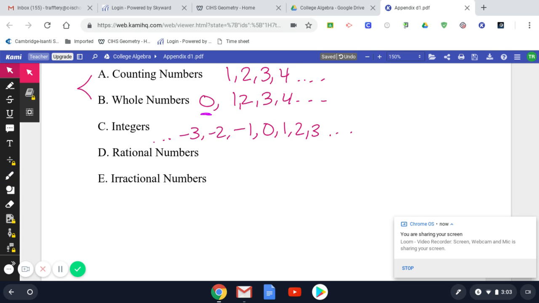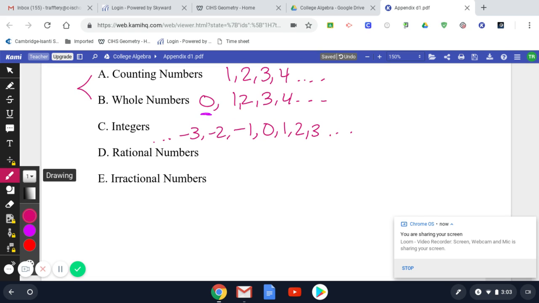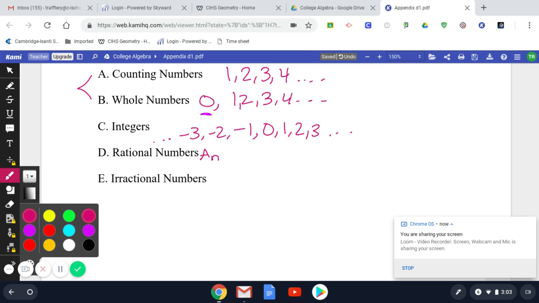Rational numbers are any numbers that can be written as a fraction or a ratio, such as P over Q, but Q cannot equal 0 because you cannot divide by 0, so your denominator cannot be 0.